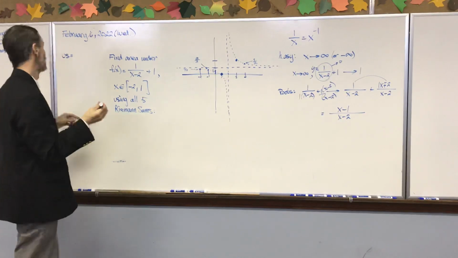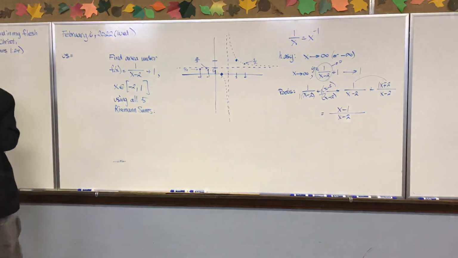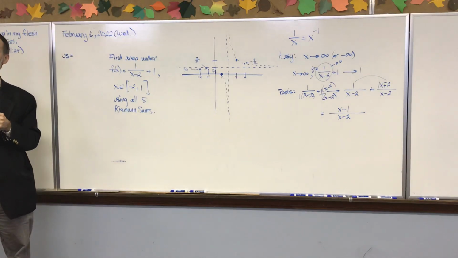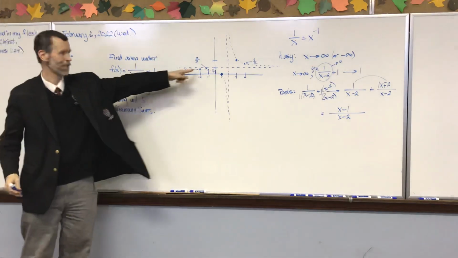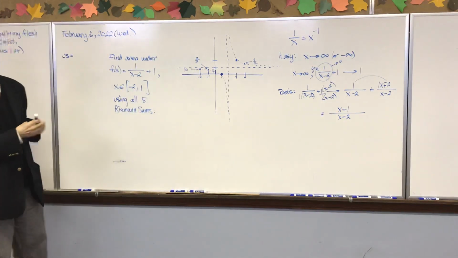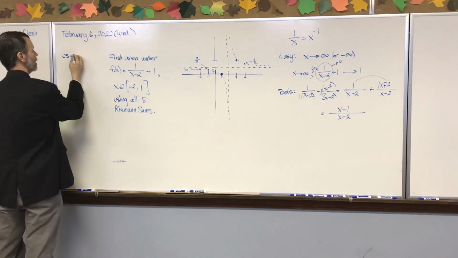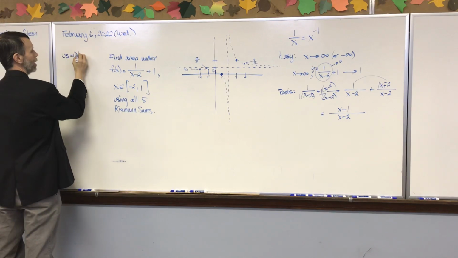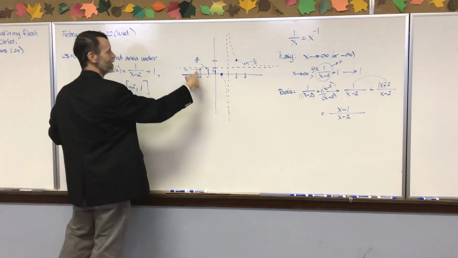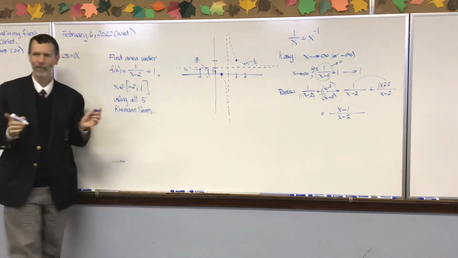3/4. How do you get the area of a rectangle again? Base times height. In this particular slice, use the upper height. What's the upper sum height?